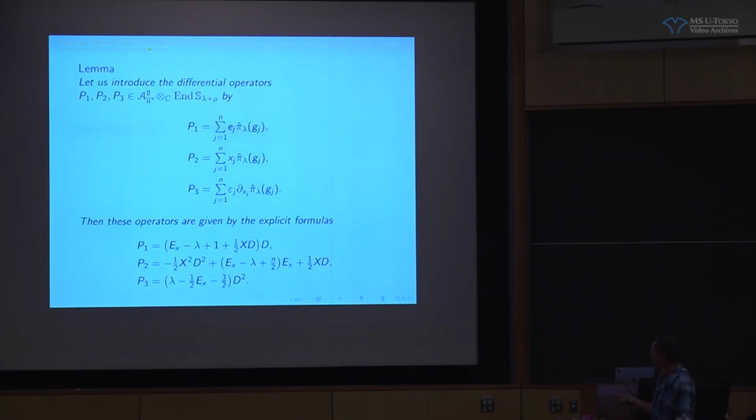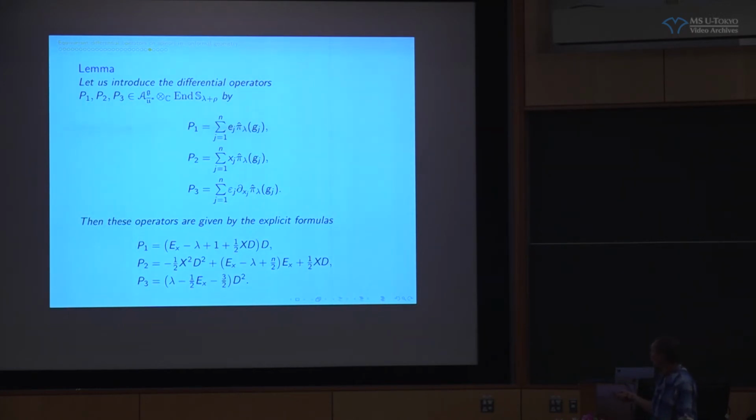So the claim is that for these three operators, which are just expressed in terms of E, X, and D, the solution space, or the common kernel, is the same as the common kernel of the n-tuple of operators in the Fourier picture, P hat lambda of G1, P hat lambda of G2, and so on. One implication is trivial. In the second implication, one has to work a bit, but it can be proved quite easily.